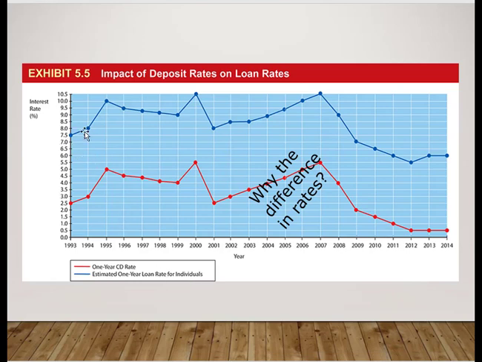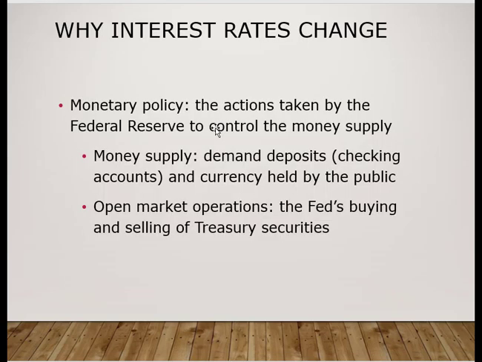The rate on individuals is higher than the rate paid out on these CDs. Why the difference in rates? CDs are pretty much guaranteed, and what's the chance that this person borrowing money for a year won't pay? There's a difference in the risk level, so the interest rates will be different.